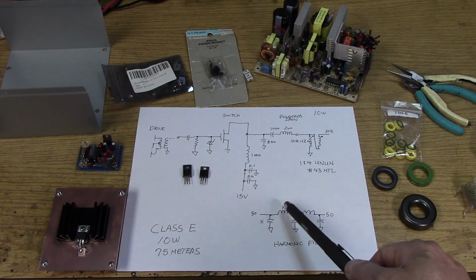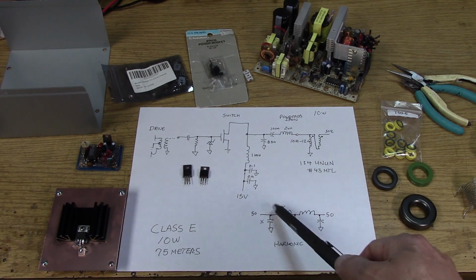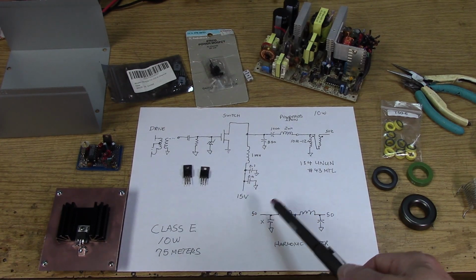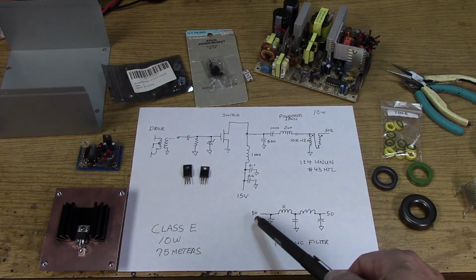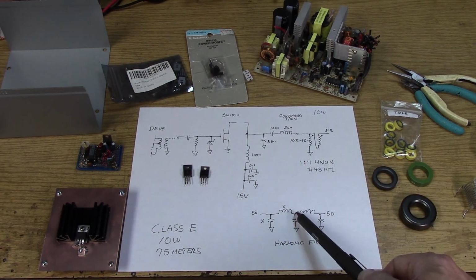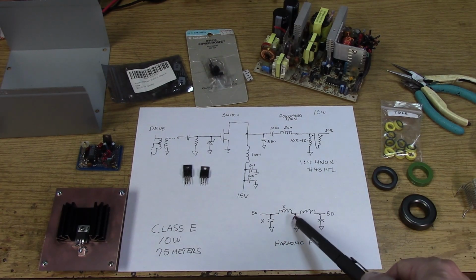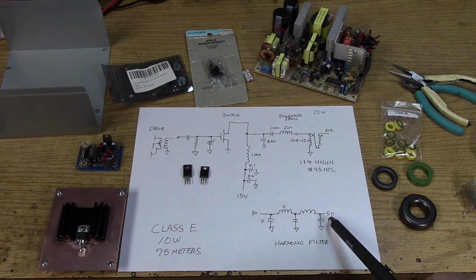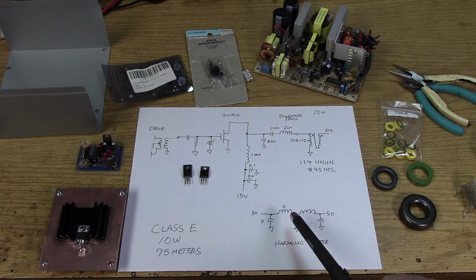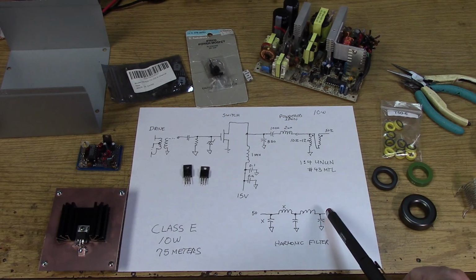However, I could take these two components and do an L match and take the 10 to 12 ohms and bring it up to 50 ohms with this first section, also providing some low-pass filtering, and then this section remains 50 ohms. Or I could do it all in stages. I could go from 10 ohms to 30 ohms to 50 ohms.